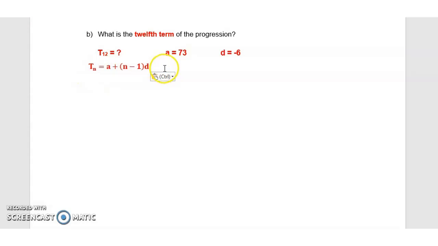So now we want to find T12, so n equal to 12, a equal to 73. Again n equal to 12, minus 1, and then the common difference is negative 6. So T12 equal to 73 plus 12 minus 1, 11, multiplied by negative 6.